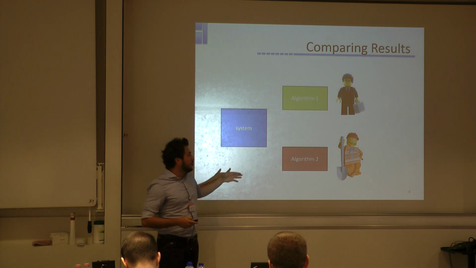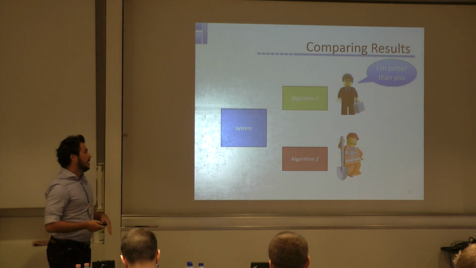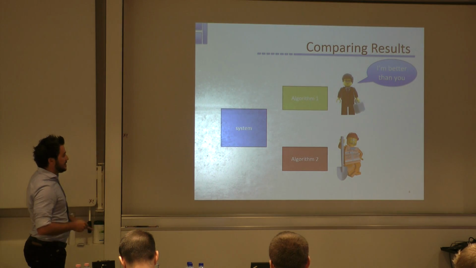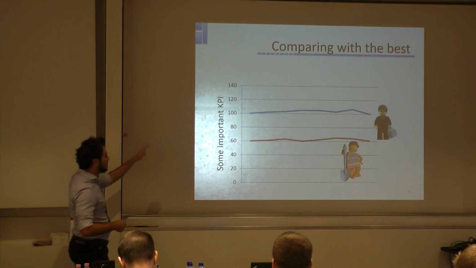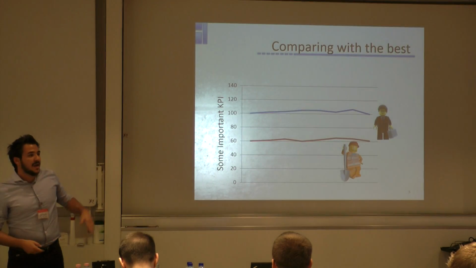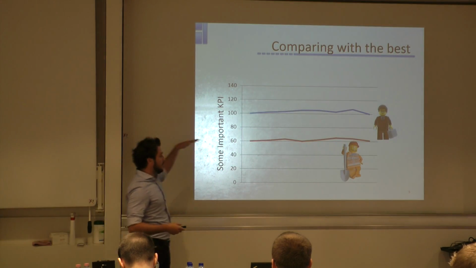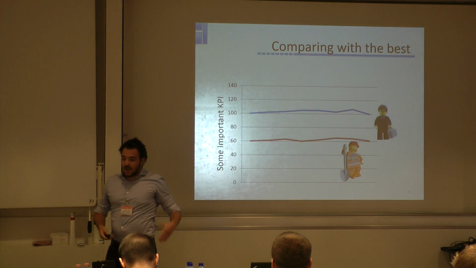And we have to demonstrate that we are better. In this case, what we do normally is selecting some kind of important KPI in our model and start checking the performance of our solution against the other.